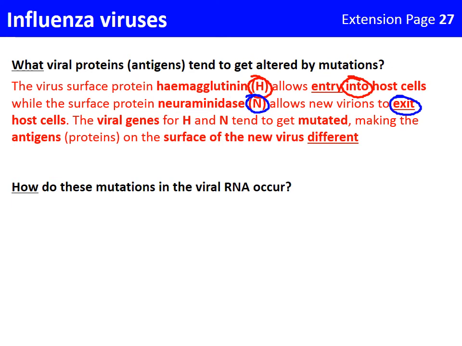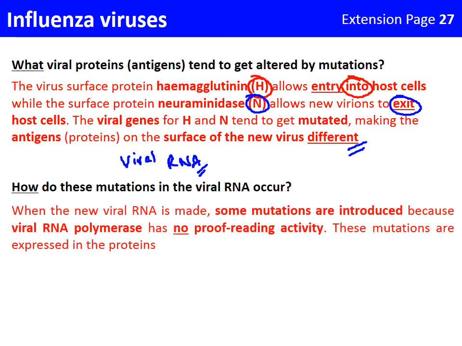So when these viral RNAs, because we know influenza is made of single-stranded RNA, nucleic acid, if they get mutated because the viral RNA polymerase does not have any proofreading activity, it doesn't check the new strand of RNA once it's been copied, we know mutations can occur. These might code for slightly different versions of the polypeptide chains that get incorporated into the capsid of the virus, and so new slightly different strains of virus can emerge.